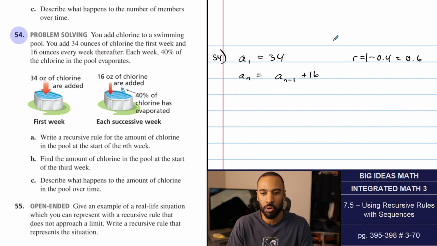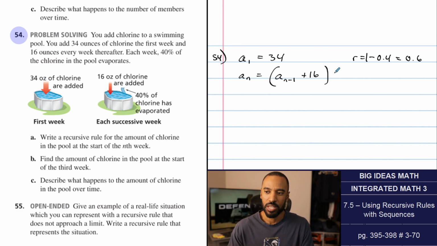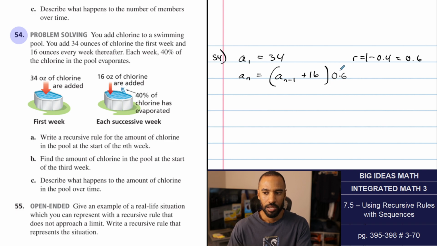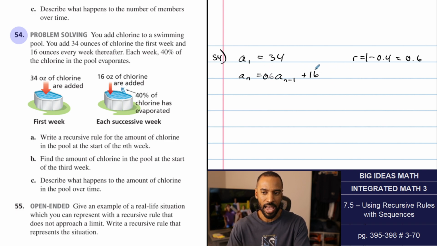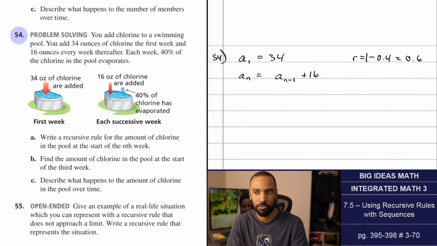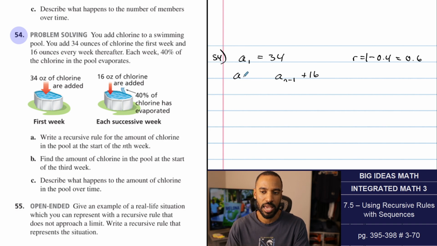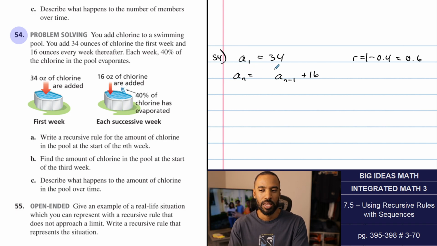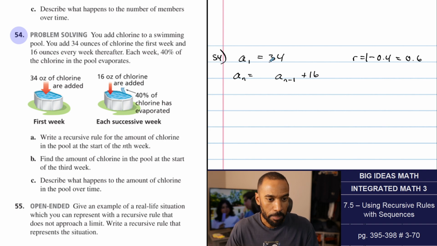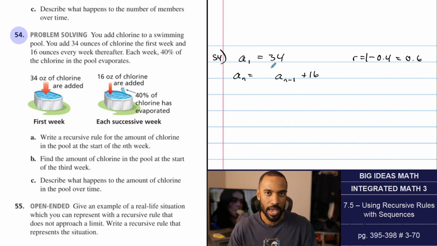I just need to know if we are taking 60% of what we added, or if it takes 60% and then we add that amount. I think we add the amount after. That's the idea of the evaporation. They should have said that first, though. They should have said, I added 34, and then after 40% evaporates, I'll be adding 16 ounces.